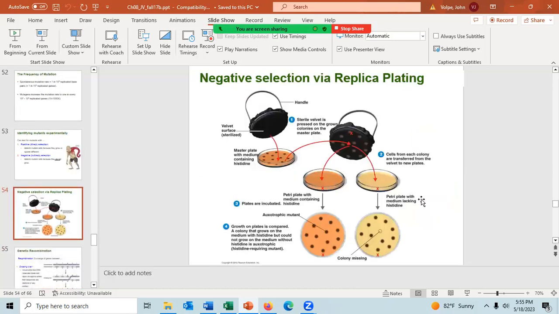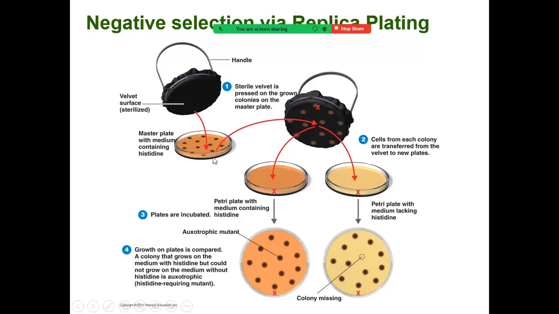I've actually done this when I was in college. You can make a replica plate of a plate that has isolated colonies on it. You get a velvet stamper and you press the velvet onto the plate.